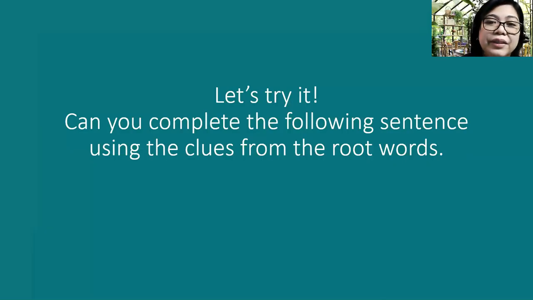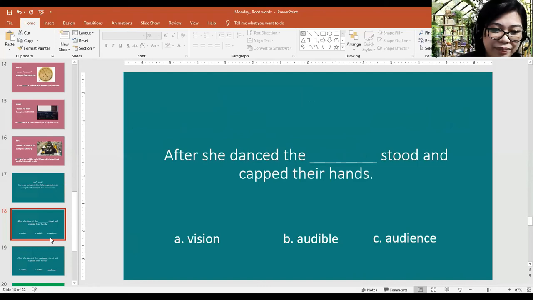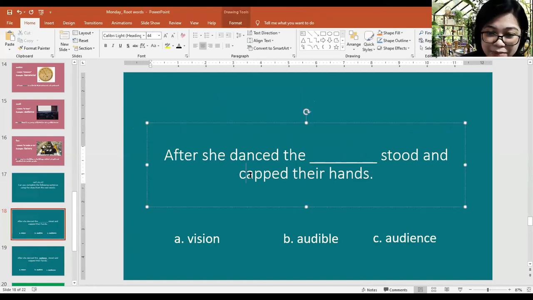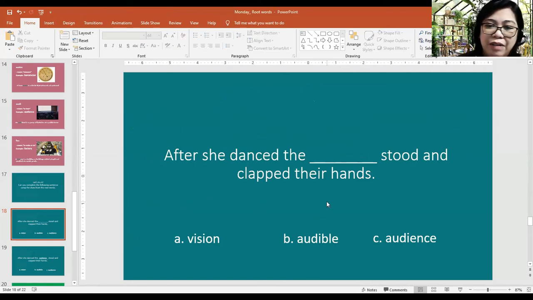Now let's try it. Can you complete the following sentence using the clues from the root words? Let's try. After she danced, the blank stood and clapped their hands.